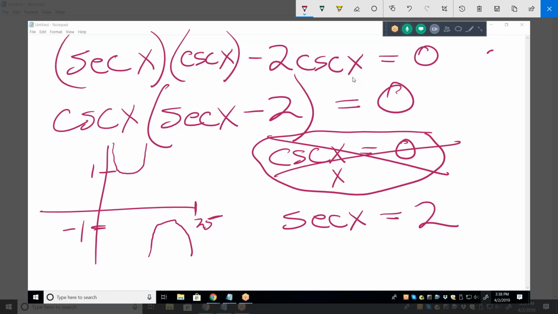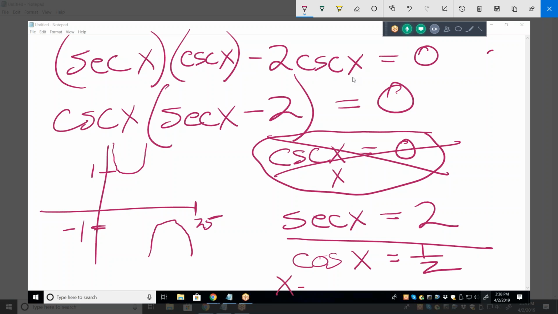Now, let's solve this one. I don't know about you, but the easiest way I know how to solve it is if the secant equals 2, what's the cosine equal? 1 over 2. Okay. The only reason that's easier for me is because I have all these memorized.